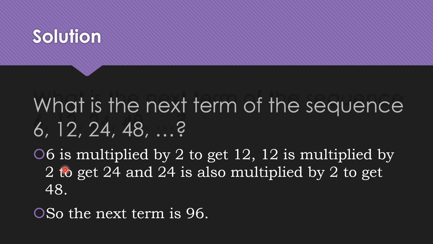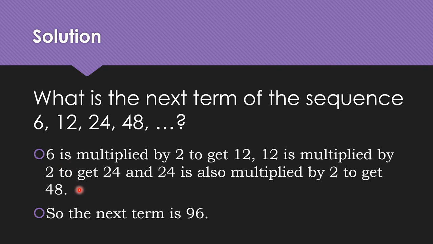So, here, ang ating solution, tingnan natin kung tama, yung 6, pag multiply mo sa 2, you get 12. And then from 12, multiplied by 2, you get 24. And then 24 multiplied by 2 is 48.